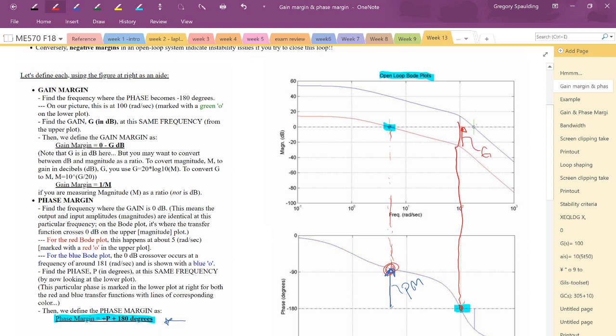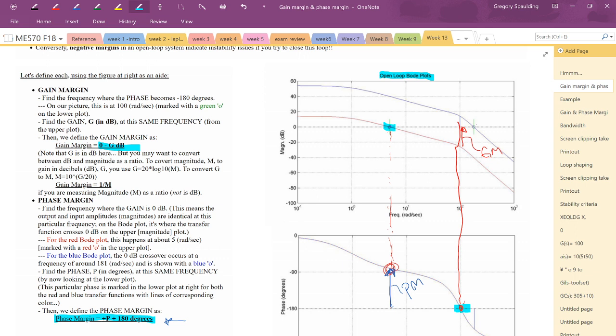So this would be our gain margin for that red line in there. Okay, and in this case, you can just identify it as the negative of the gain. In this case, we've got a gain of let's call it minus 25 dB, and so our gain margin would be 25 dB, and so that would tell us we have a positive gain margin. So this system, characterized by the red line through here in the magnitude plot, would be a stable system. Got a positive phase margin and a positive gain margin.